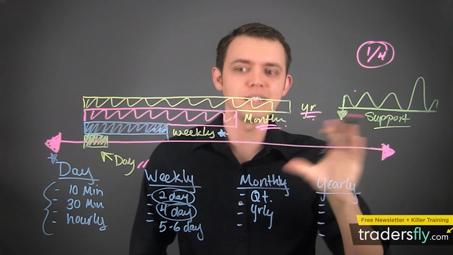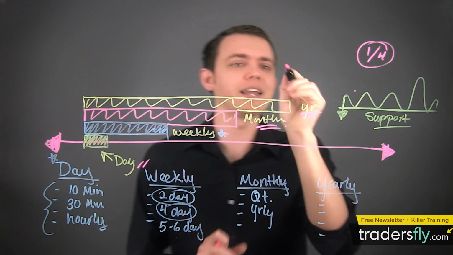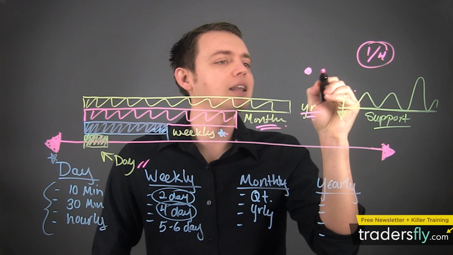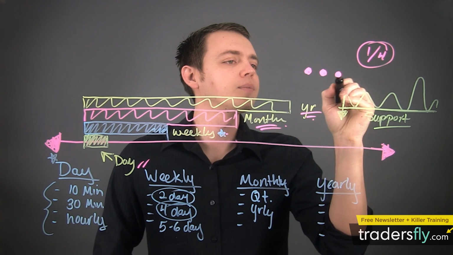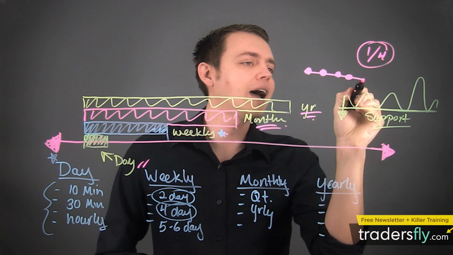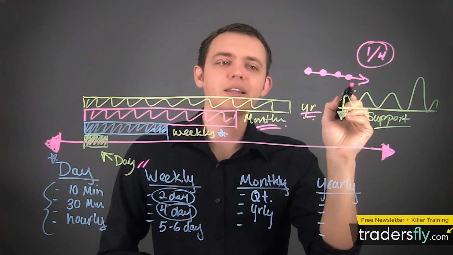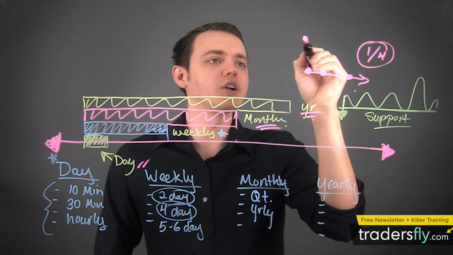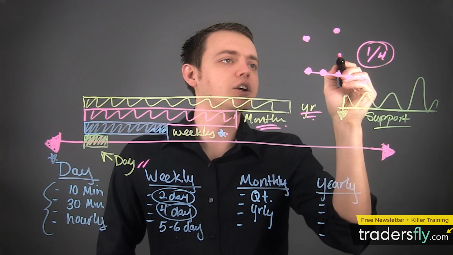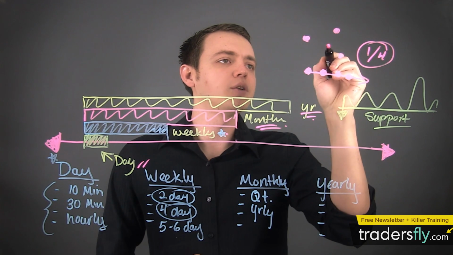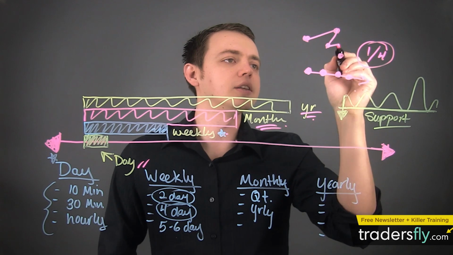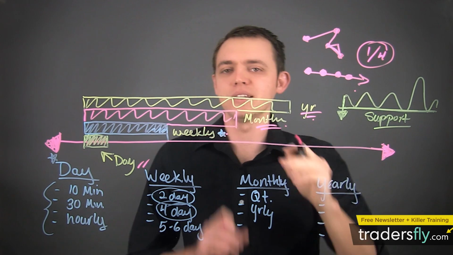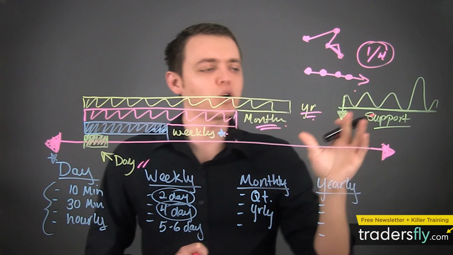The probabilities and the percentages of things lining up, the dots, as I line these dots up, they are not in alignment like this. Instead, one dot is over here, the other dot's over here, the other dot's over here, and one dot's over here. So it's not in alignment for me to get into the trade.